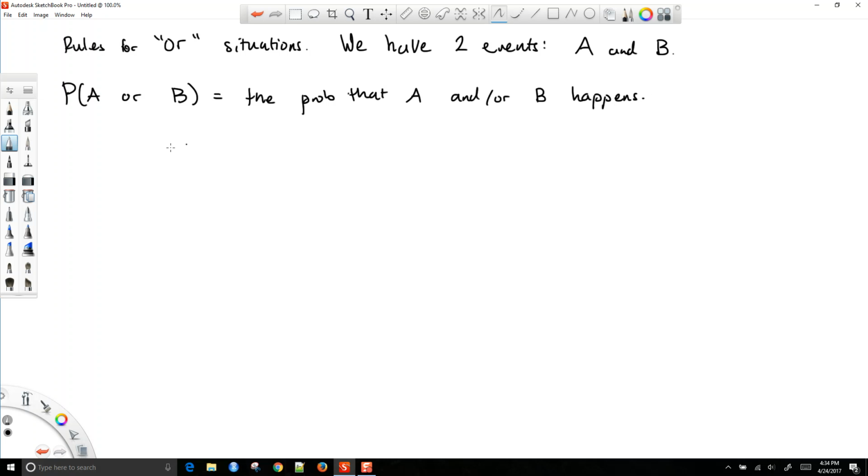Okay, so whenever you see or in probability and statistics, or is always an inclusive or, meaning and or.